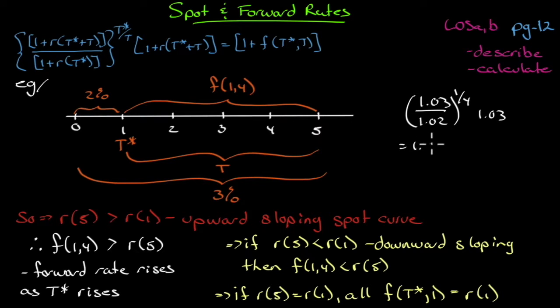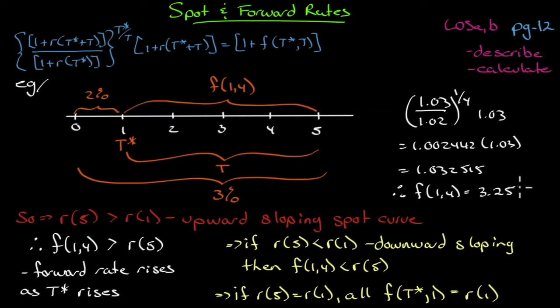And that'll give us 1.002442 times 1.03, which equals 1.032515. And we have to subtract 1 off of that. Therefore, F14 is going to be 3.25%.